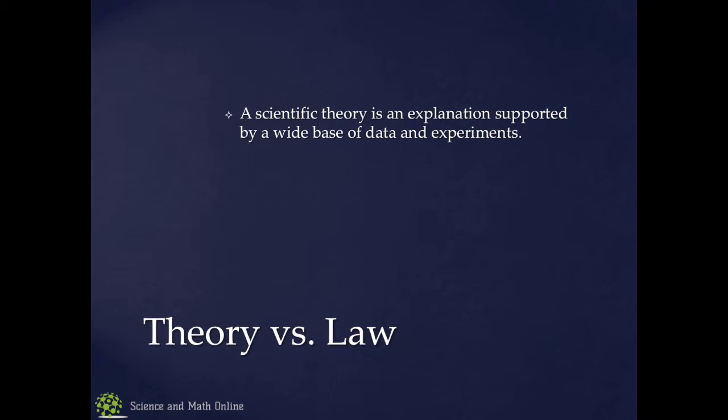So first and foremost, a scientific theory is an explanation, keyword there, explanation, supported by a wide base of data and experiments. So for example, the theory of evolution is trying to explain how speciation occurs, how one family of finches could have landed on the Galapagos Islands, and then by the time Darwin gets there, there's all these different varieties of finches. Okay, good old natural selection.